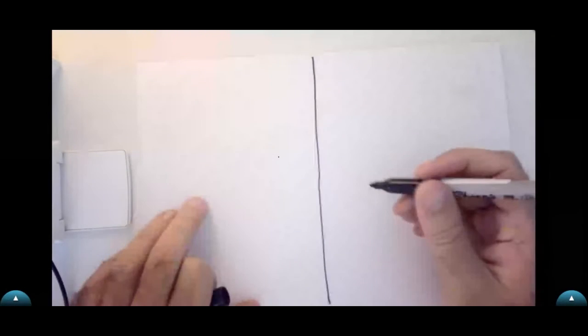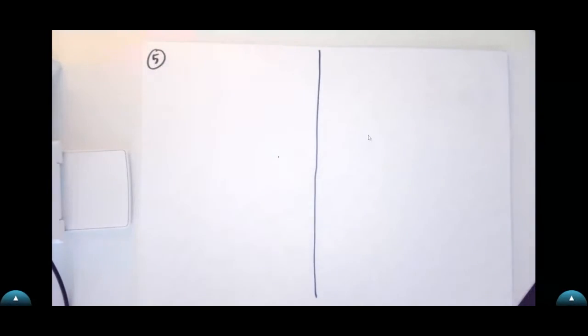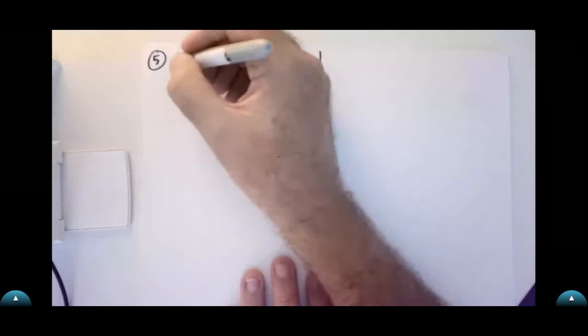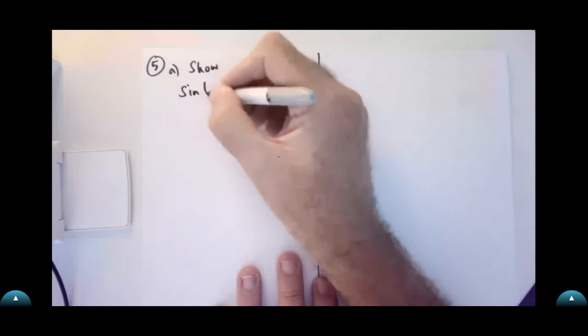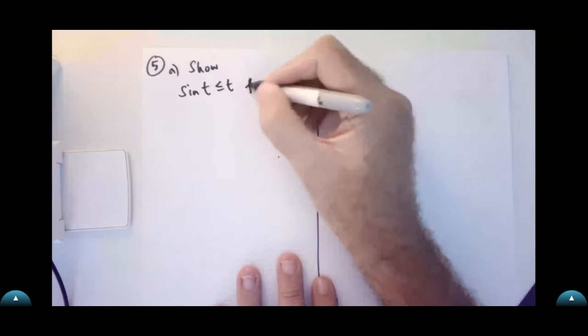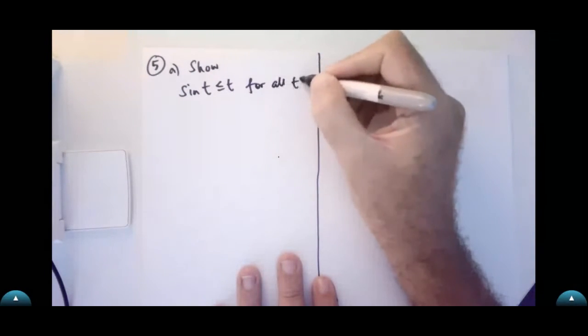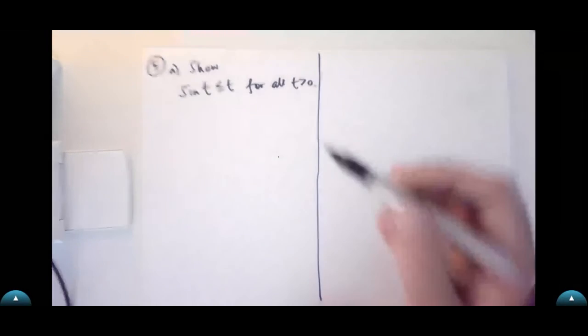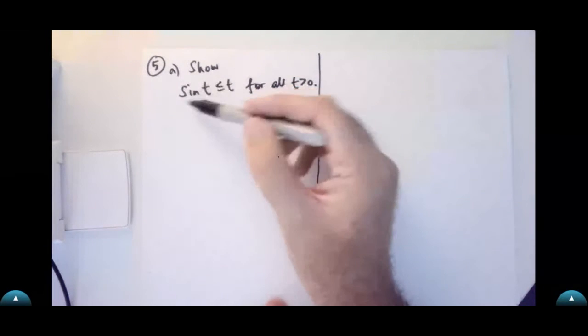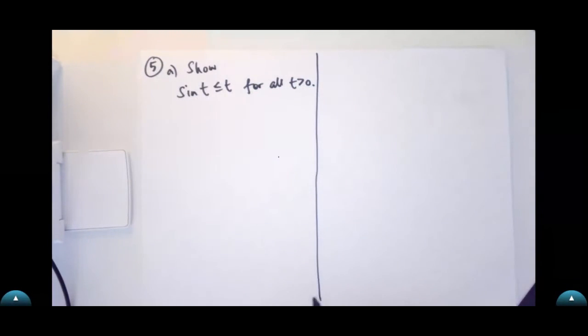Okay, so question 5. Let's show, this is part A. How do we even do this? Well, what we're going to do is define a new function, in this case, based on this left-hand side of the inequality.